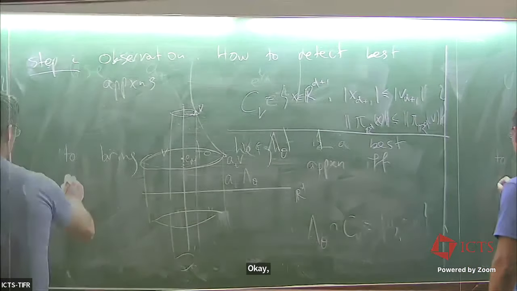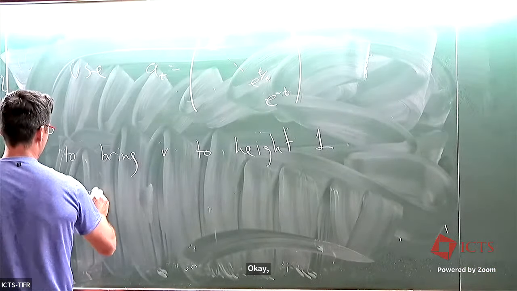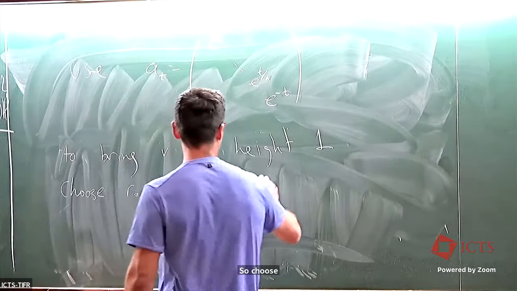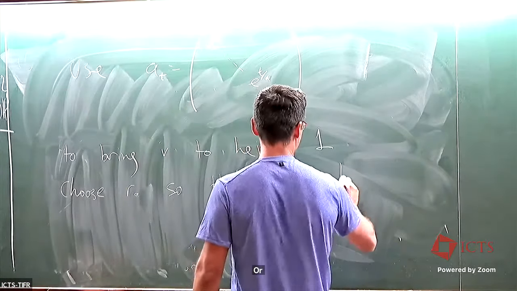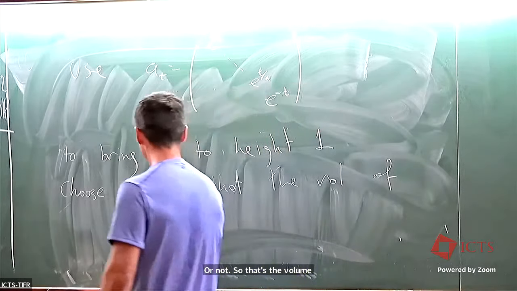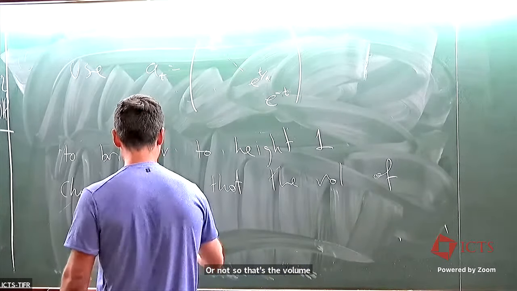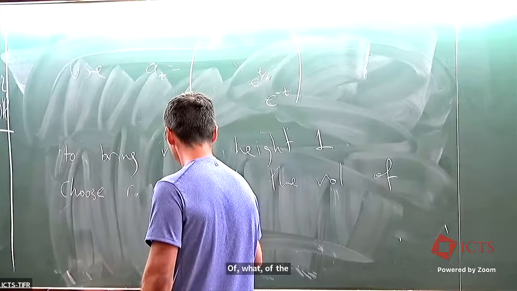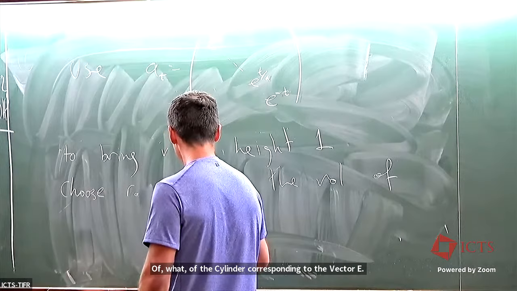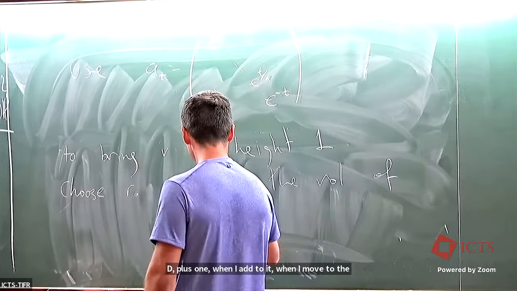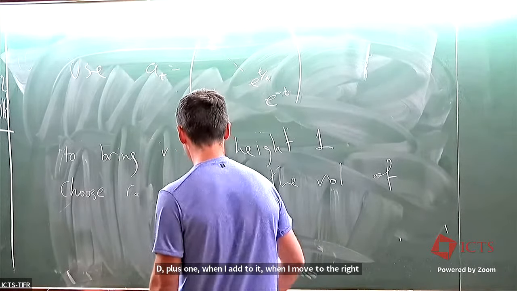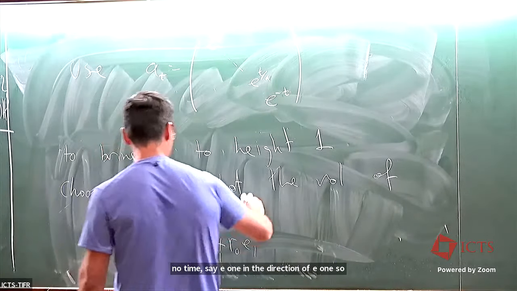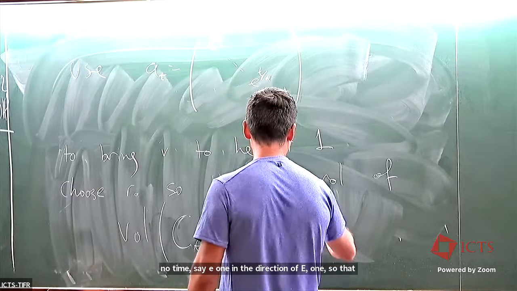So choose R naught so that the volume of the cylinder corresponding to the vector E_{d+1}, when I move to the right by R naught times, say, E1 in the direction of E1, is equal to 2^{d+1}.